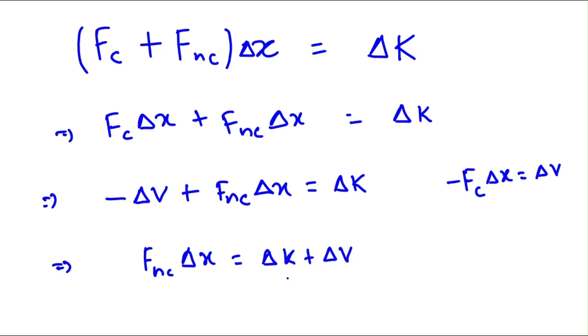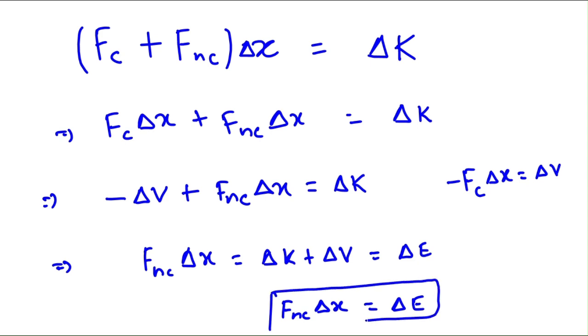And you know, in a mechanical system, delta K plus delta V, the change in kinetic energy plus the change in potential energy, is the change in total energy. Or you can write Fnc times delta x equals the change in total energy.